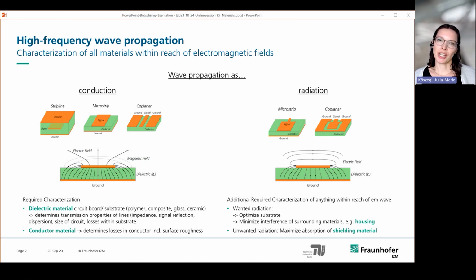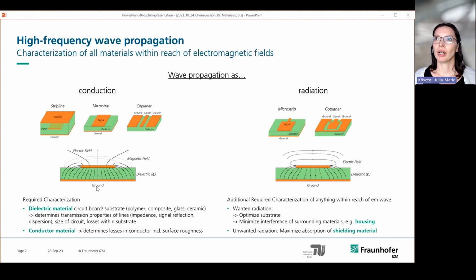So for the conductive part, so a contained electromagnetic wave, you can see here on the slide, for example, on the left-hand side, we have a strip line or a microstrip configuration, coplanar lines as well, with a cross-section. And the main part of the electromagnetic field will really be in the substrate here.